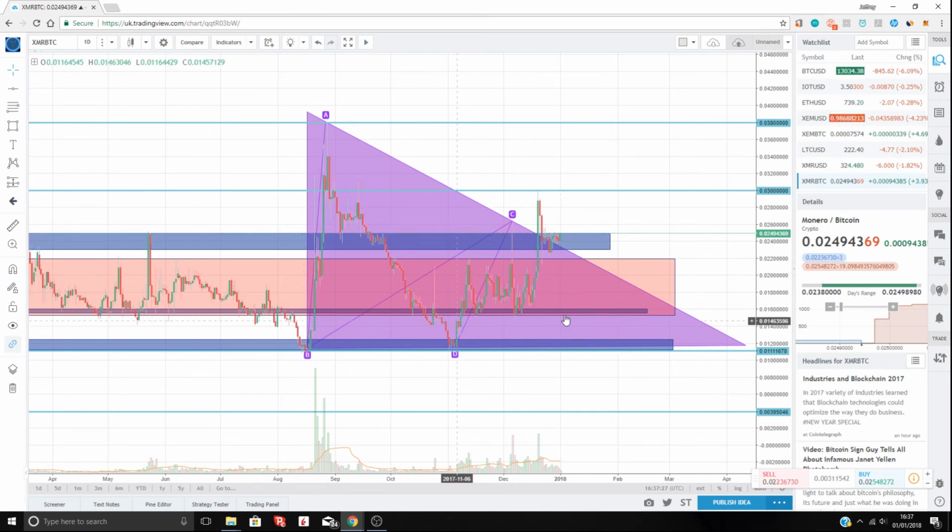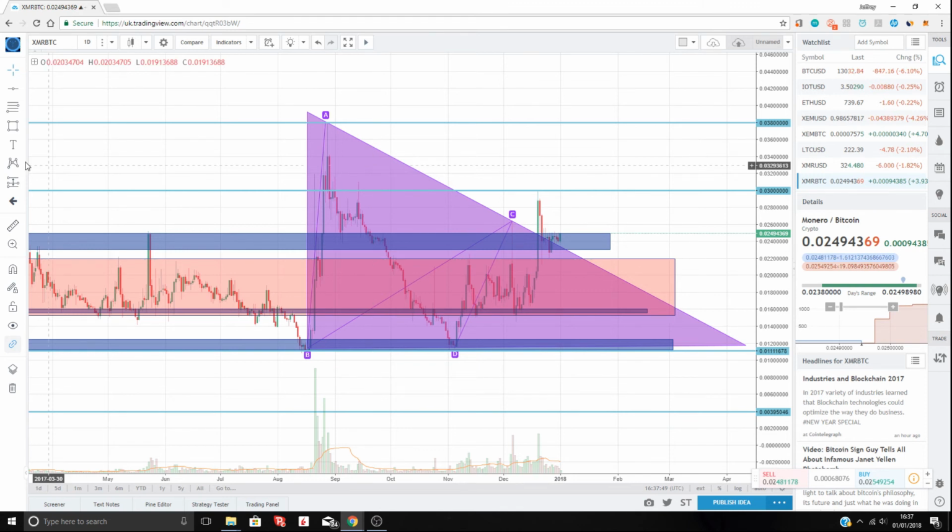For me, if it came back to 0.016, that'd just be beautiful. But I wouldn't say anything to anyone who wanted to get in at this level, because price is showing us it's a strong level. But you know, that's the market. Sometimes it'll break through strong levels. But for me right now, this area is a great area to buy some Monero from.